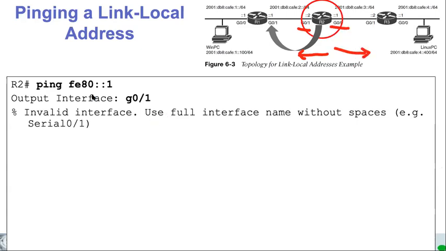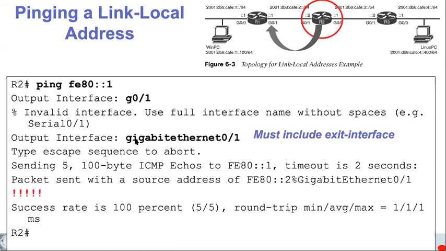You have to tell me because this address could exist on either interface. Okay, so in this case, we say G0/1, but there's a problem. For some reason, Cisco doesn't want you to put an abbreviated or shortened exit interface. You have to write it out, GigabitEthernet0/1, without spaces. Okay, so it's going to send it out the Gig 0/1 interface, and it gets a reply from router R1.